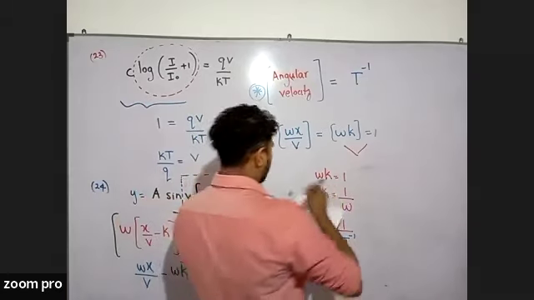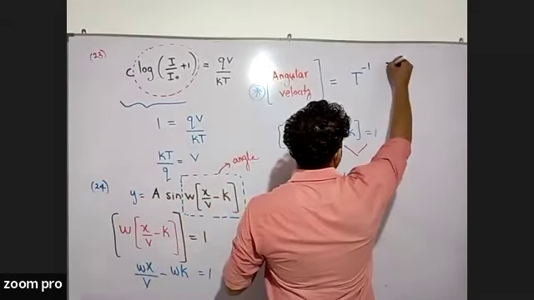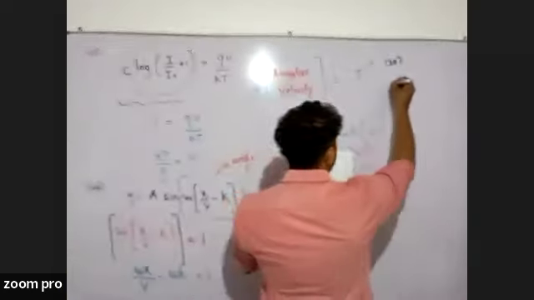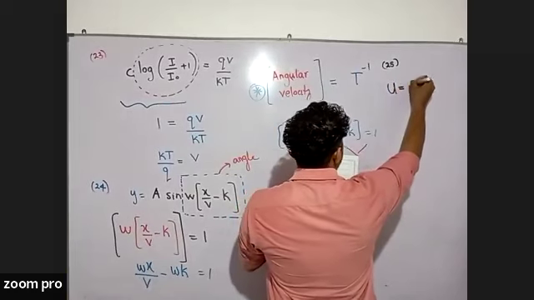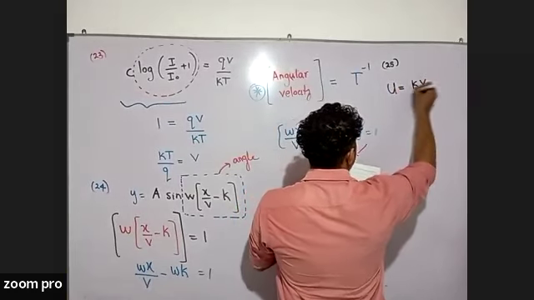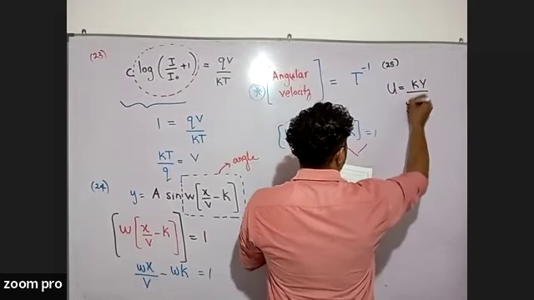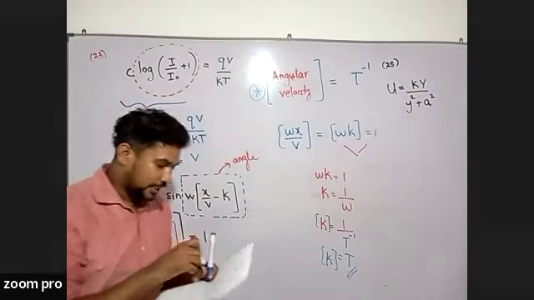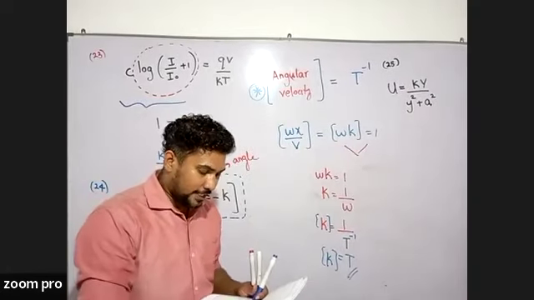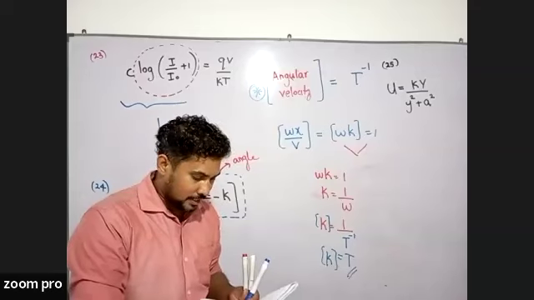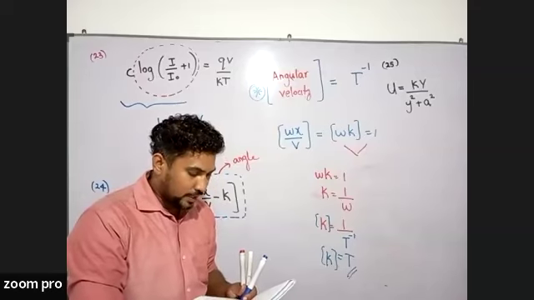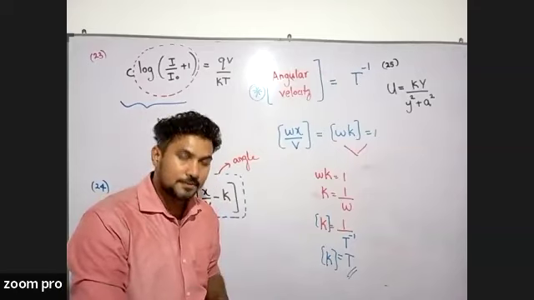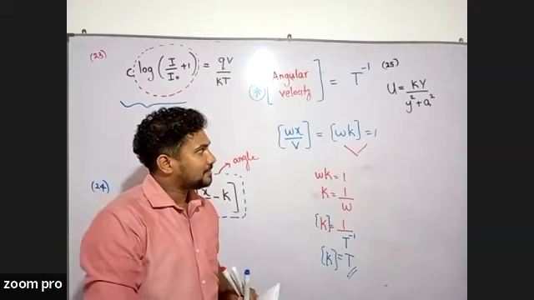Okay, in the 25th question, there's a statement that U equals ky over y squared plus a squared, where U is the potential energy, y is the displacement, a is the amplitude. Find the unit and dimensions of k, right? So guys, first of all, let's expand this equation.